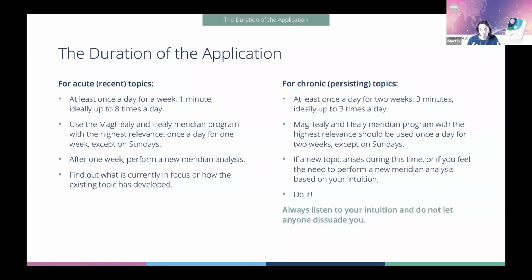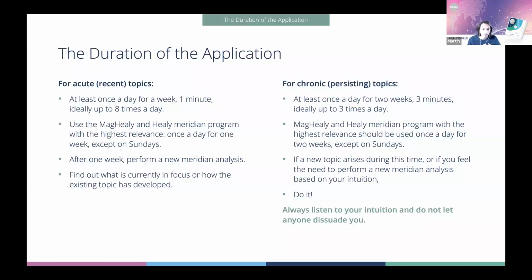And if you get the analysis list, you at least do the harmonization once a day for 1 minute, ideally up to 8 times a day. Because acute things need more small impulses compared to chronic things that need longer impulses, but not so often.